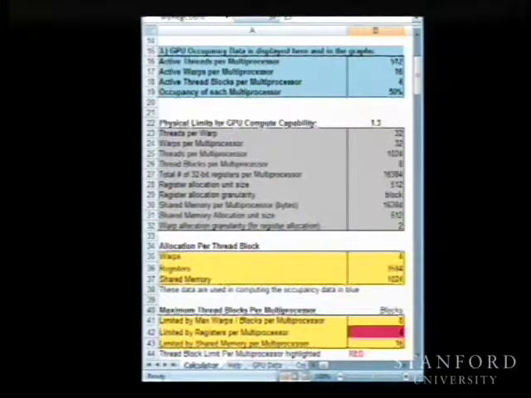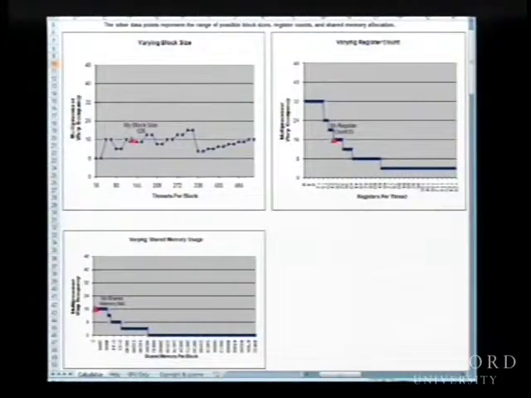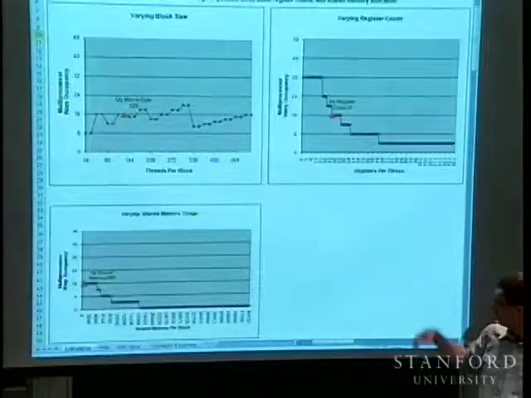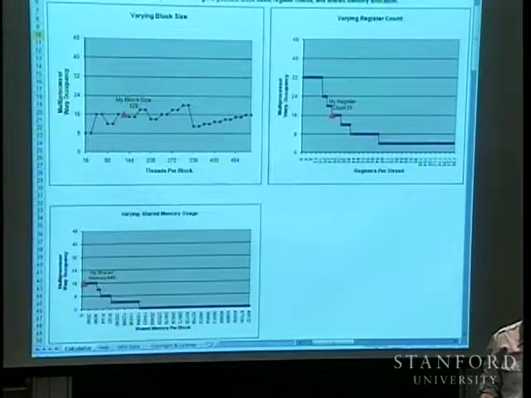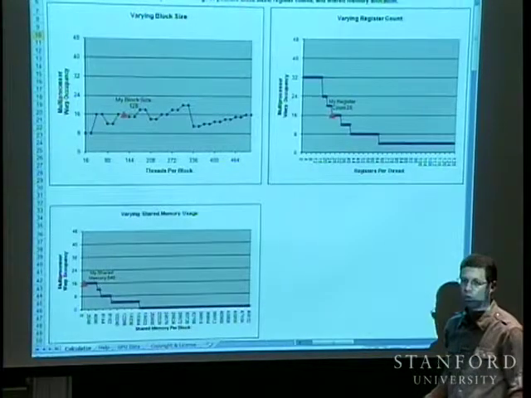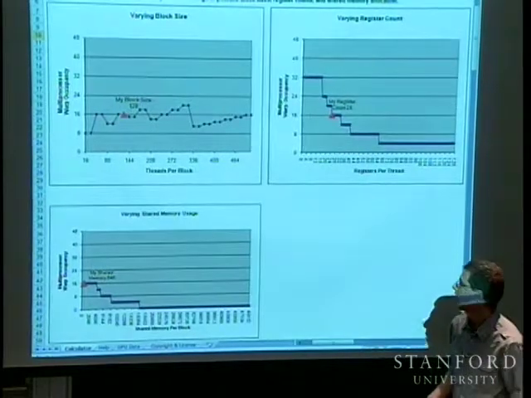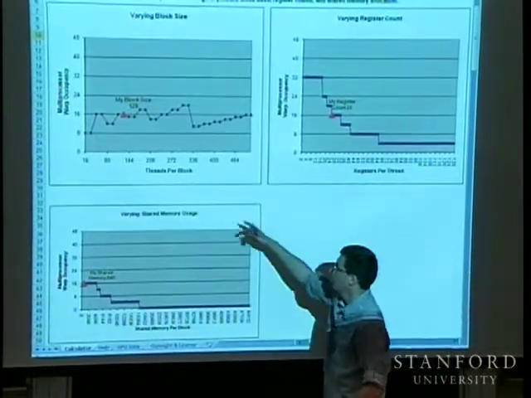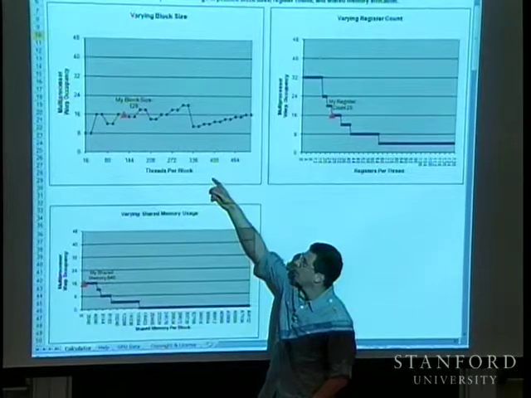And almost the most interesting part is the graphs, which are shown, even though they're kind of ugly, on the rest of the spreadsheet, which basically tell you, as a function of all these different variables, what happens to your occupancy if you decide to change your program. Here, this is threads per thread block, so thread block size.